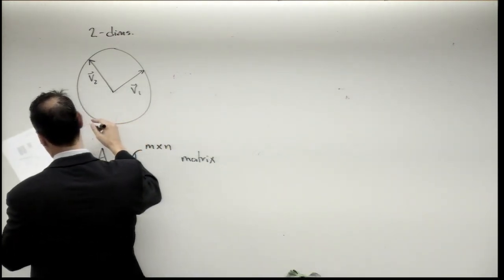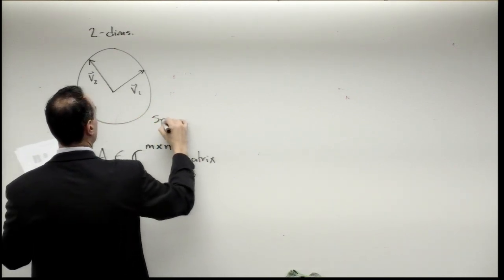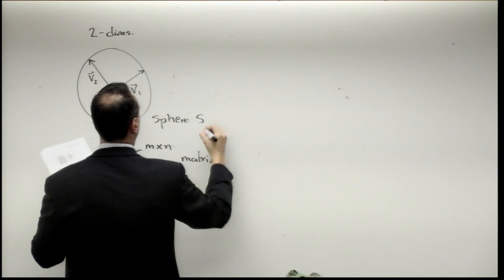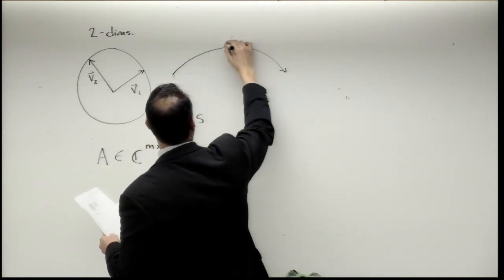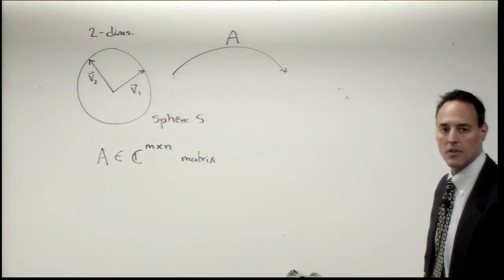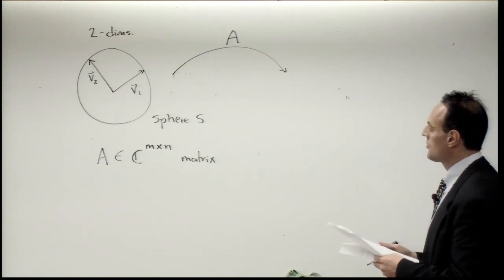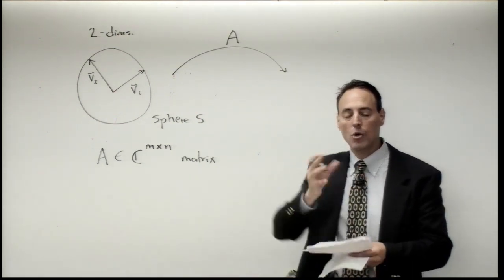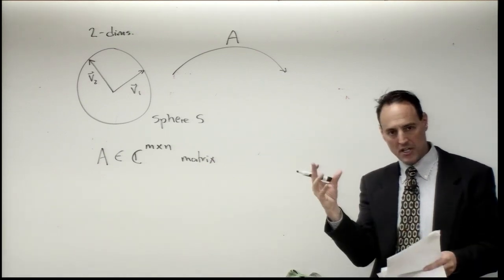So I'm going to work in some sphere. Let's call this some sphere S. And I'm going to hit this thing with a matrix A. I'm going to ask, what happens to that? Well, what it's going to do is rotate the sphere and stretch it.